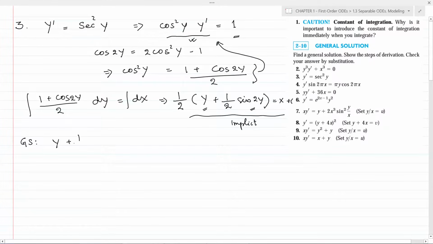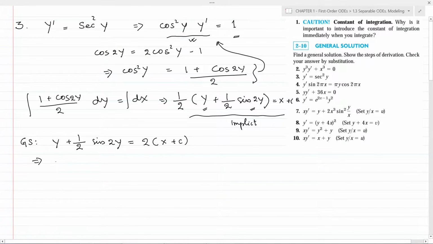y plus half sin 2y is equal to 2 times (x plus c). Of course, we can get the original differential equation by differentiating the general solution.